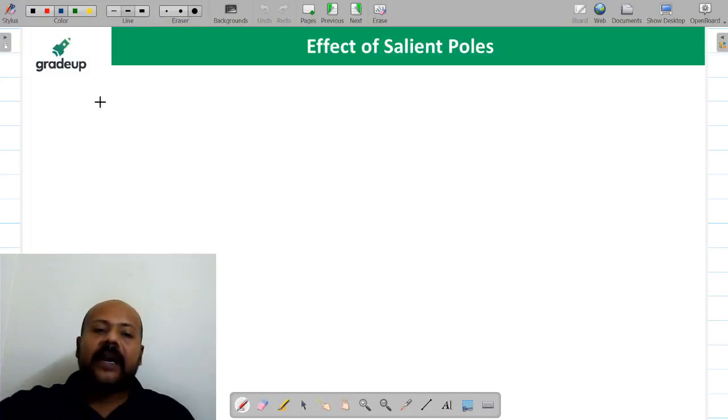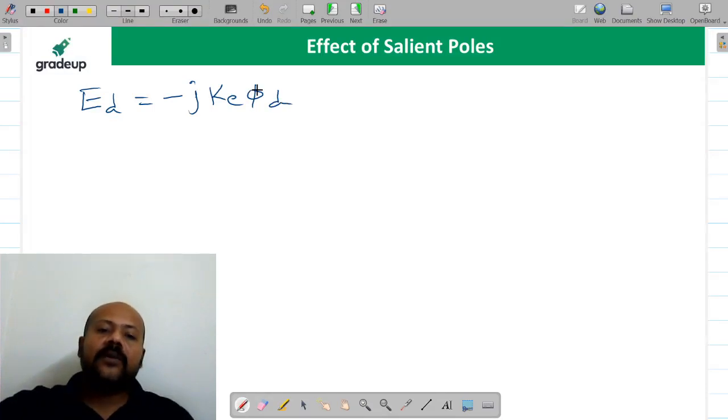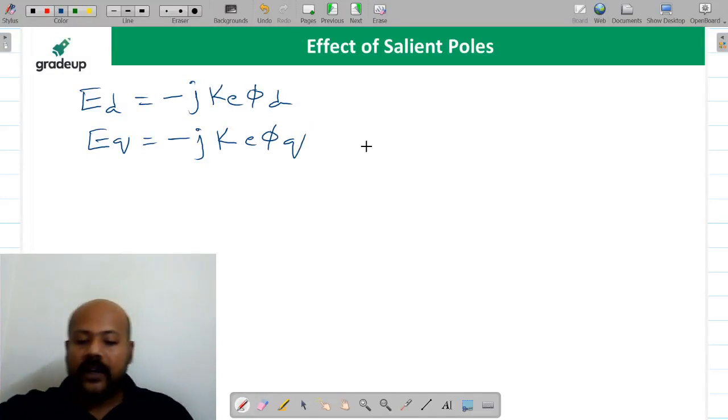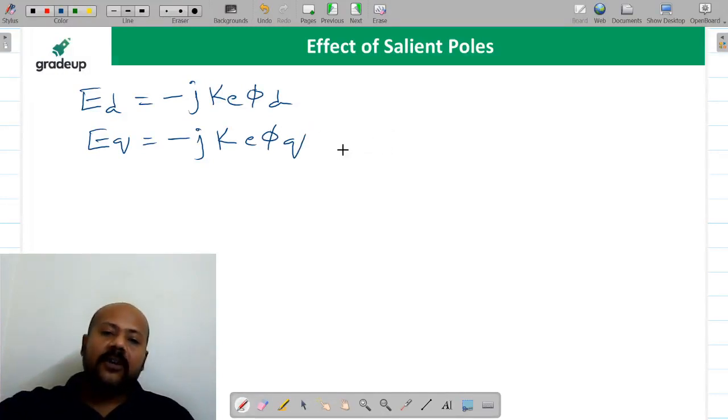So beta, I am writing the voltage drop for the direct axis as minus J KE, and this is going to be phi D, some constant we are saying, and beta, the quadrature axis component I am writing as minus J KE, and this is going to be phi Q. Yes or no?